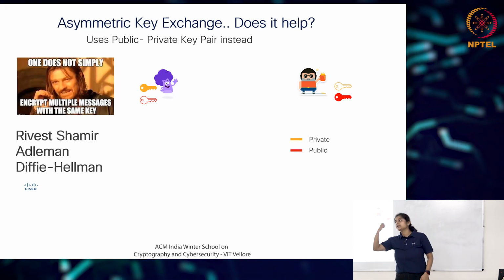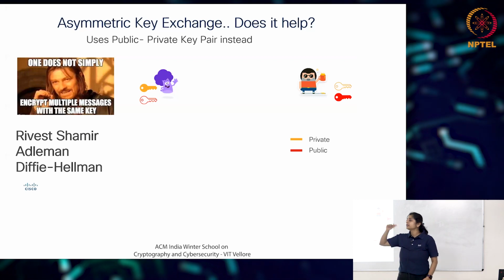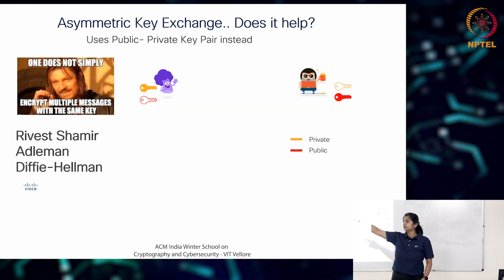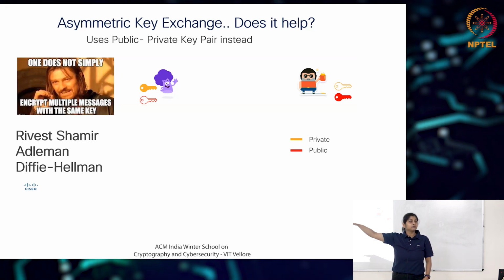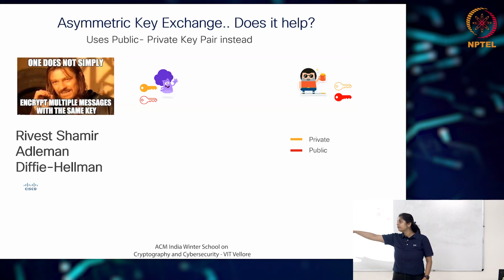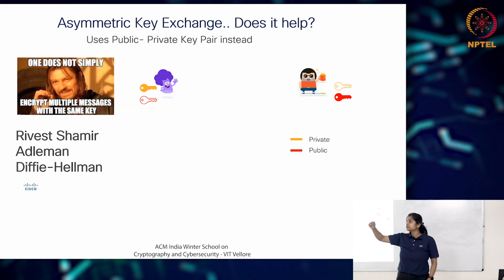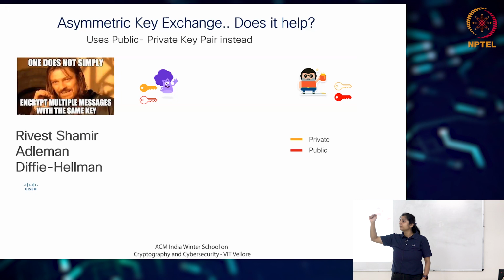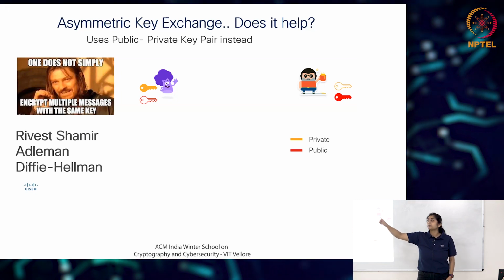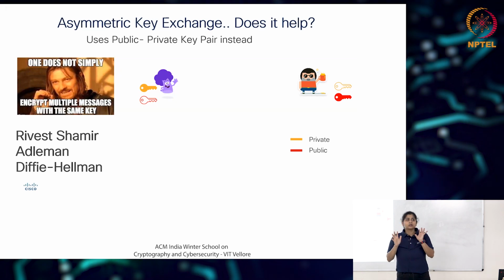So if you want to send some traffic and you want them to decrypt it, you encrypt it using their public key. If you want to send your identity and want them to verify you, you send the message encrypting with your private key so that they can decrypt using your public key. Confusing?